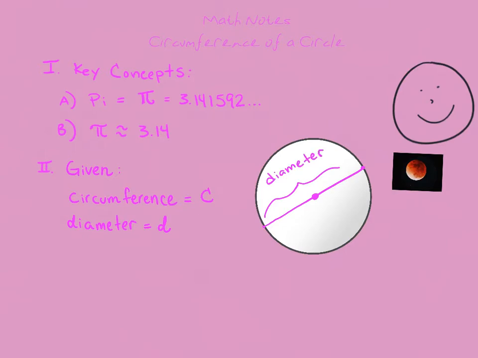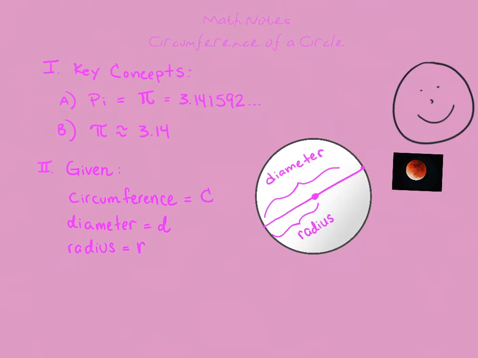And that's what we're going to call d for simplicity's sake. And we're going to assume that the radius of a circle is r. Remember, the radius is from an edge to the center point. That's the radius. We're making that r.